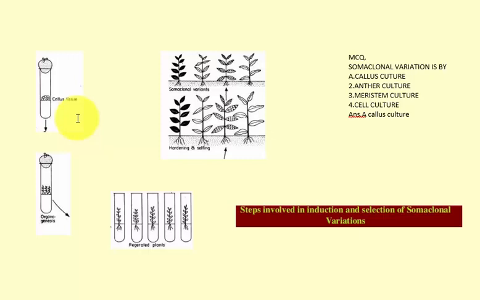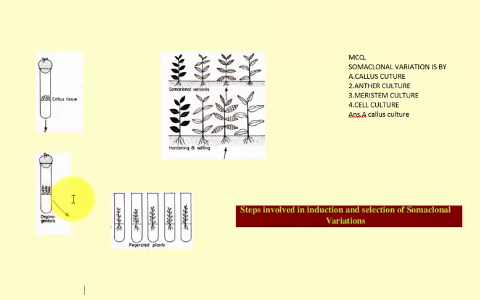In the next step, after organogenesis, you can see the regenerative plants. Then there is the hardening and the selfing process, and the somaclonal variants will be obtained. In organogenesis, if you take a high auxin to cytokinin ratio, then we'll get the roots, and if we take a high cytokinin to auxin ratio, then we'll get the shoot first.